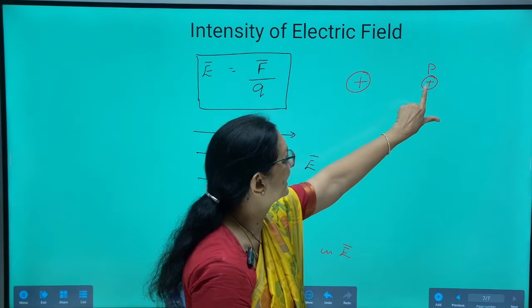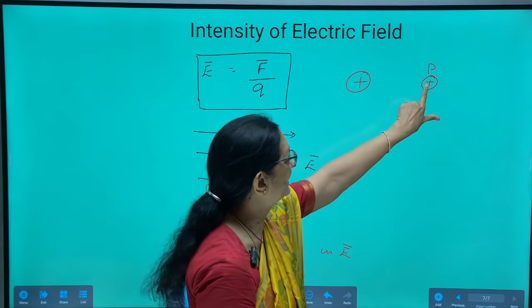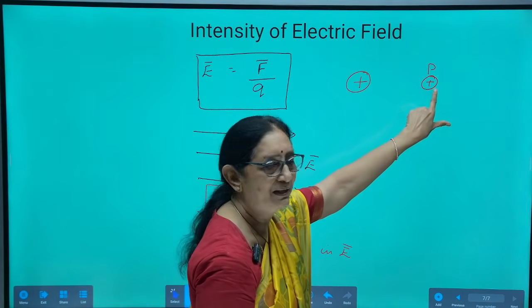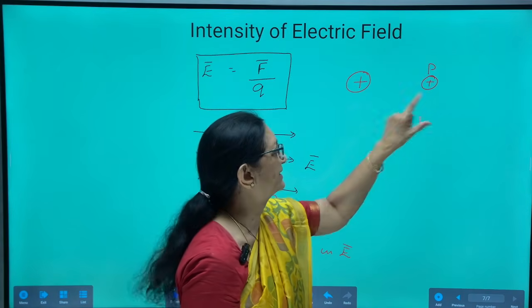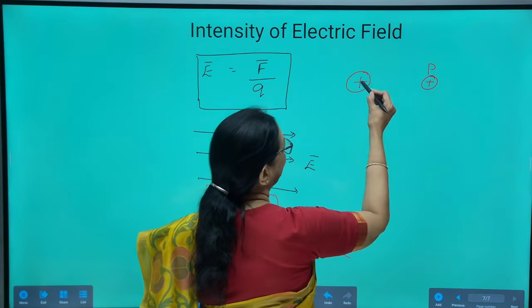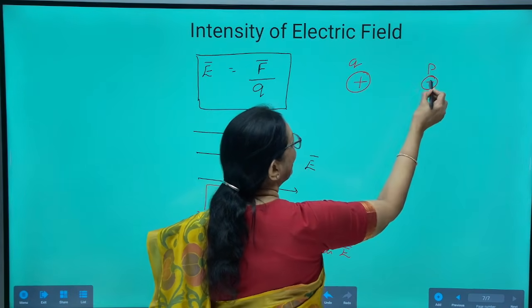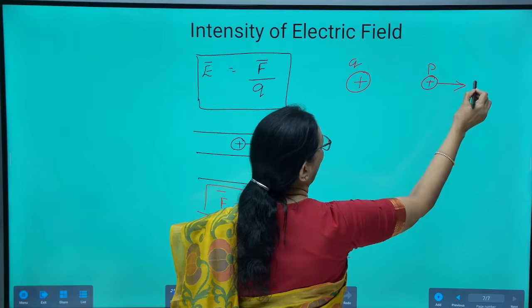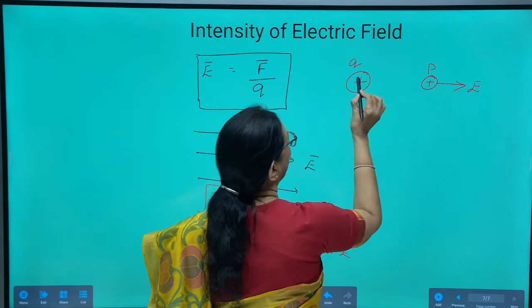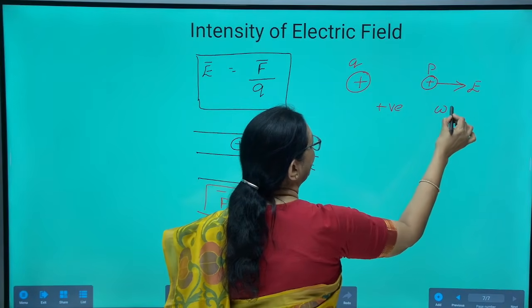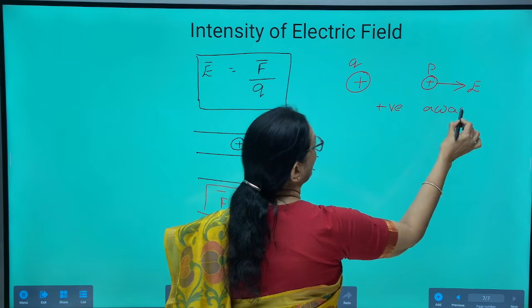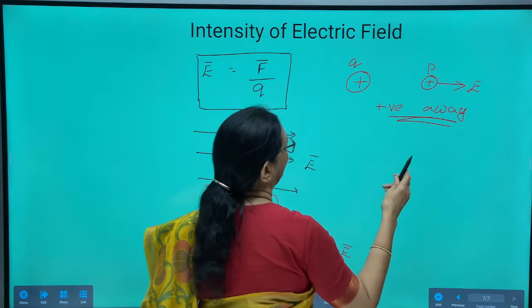The force experienced by this unit positive charge placed at the point P is called electric field intensity at that point. So, this charge repels this. So, electric field intensity due to a positive charge is away from it.